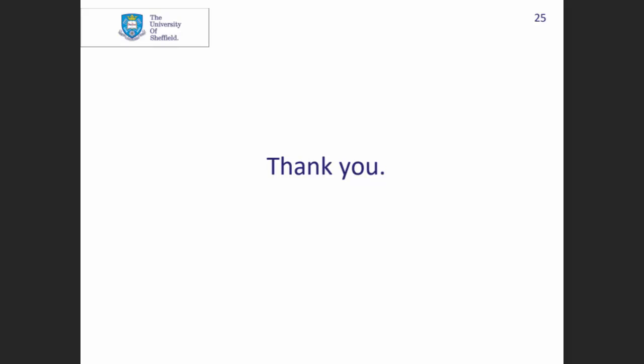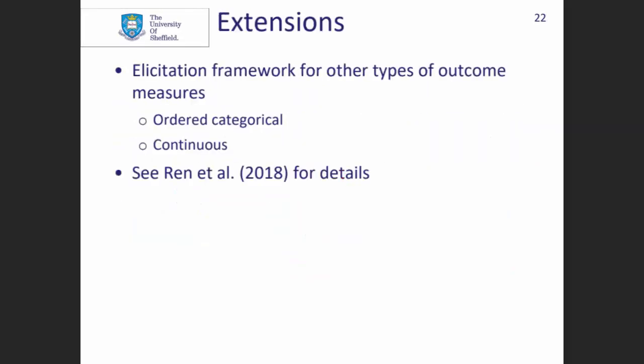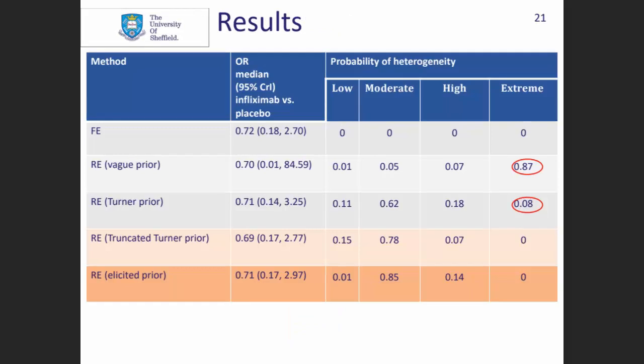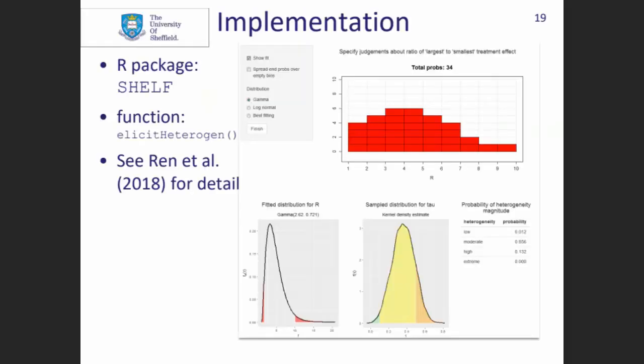It will make it less uncertain, because it gets rid of the extreme end. So I'm using this distribution here.